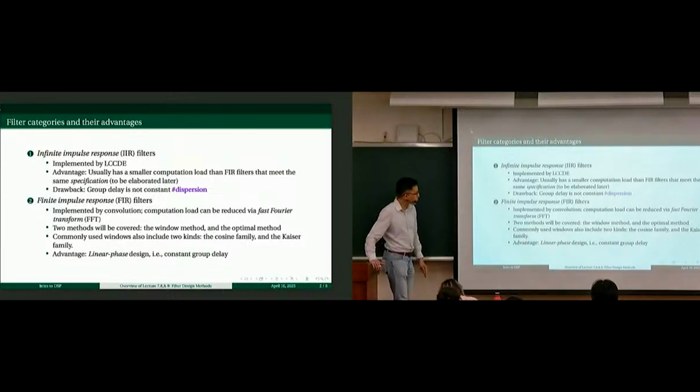If a filter has an impulse response with finitely many non-zero samples, starting from time 0 and ending at time 100, that's a finite impulse response. If the length of the impulse response is finite, then we call it an FIR filter.